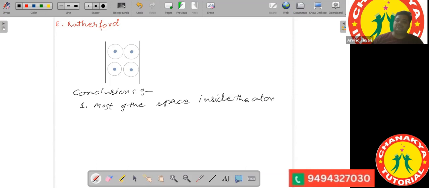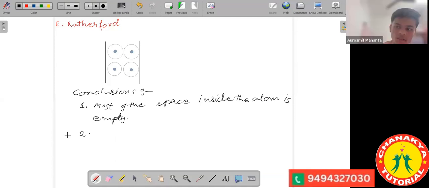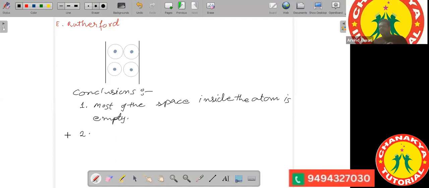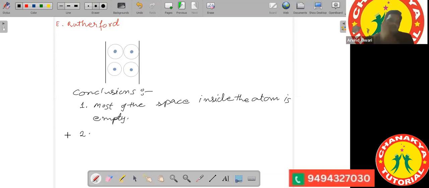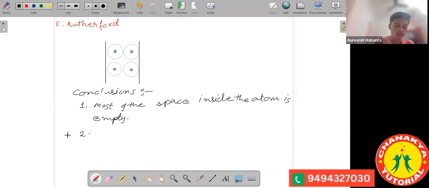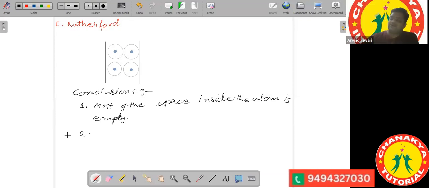Most of the space inside the atom is empty. So what was the second conclusion he drew about the atom? Almost all the mass of the atom is concentrated in a very small volume.